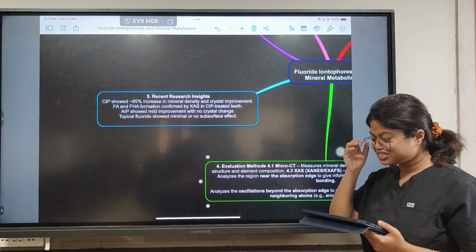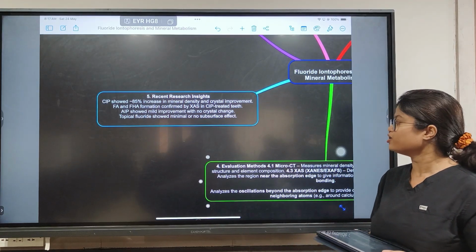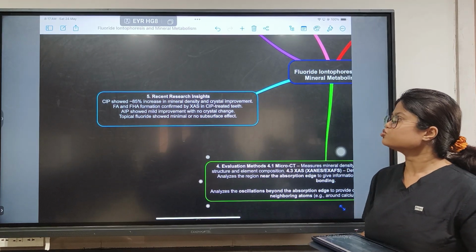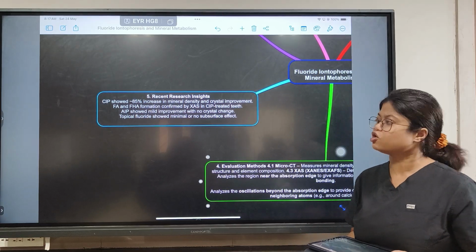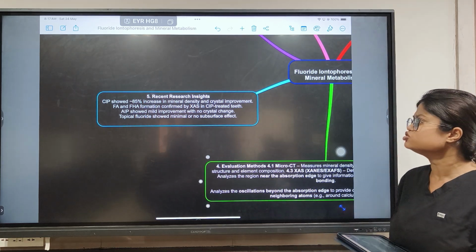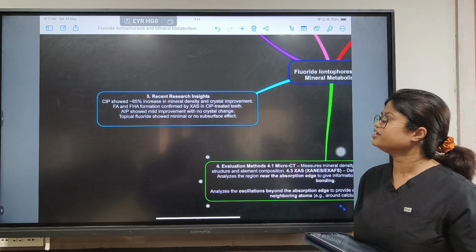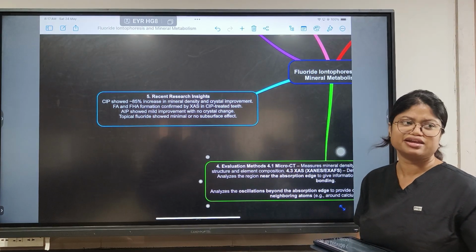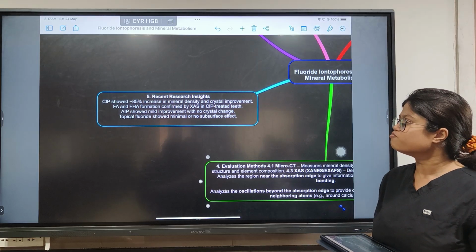So coming to the recent research insights, based on this I have formulated today's journal club. It was published in the Journal of Dental Research in December 2022, as an overview of the research. The CIP, the cathode iontophoresis, showed an 85% increase in mineral density when we used the teeth in vitro, and crystal improvement.